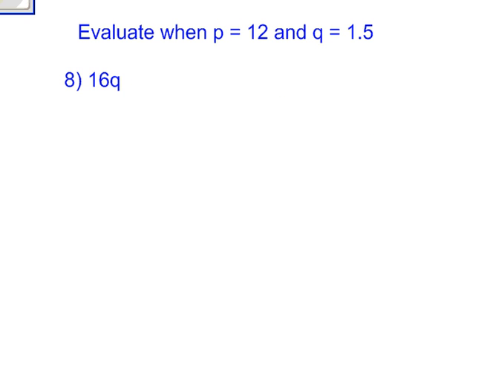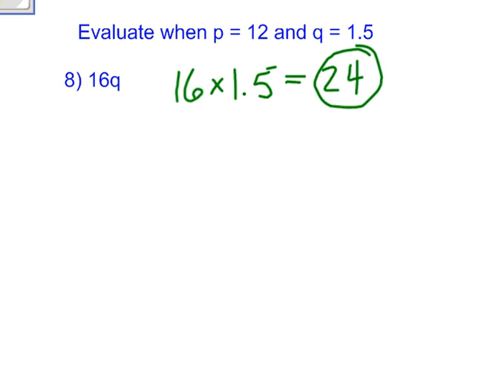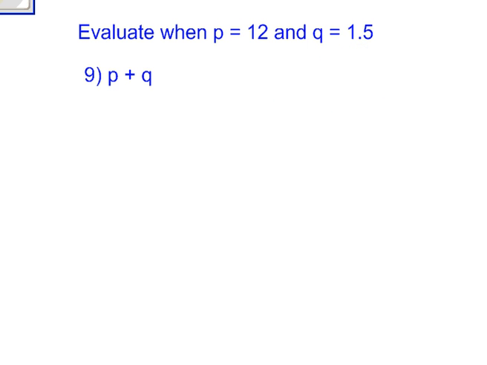Number 8 says 16 times q, so this would be 16 times 1.5 is equal to 24. Number 9 is p plus q. P is 12, q is 1.5.